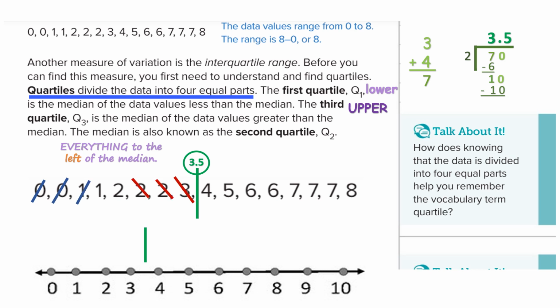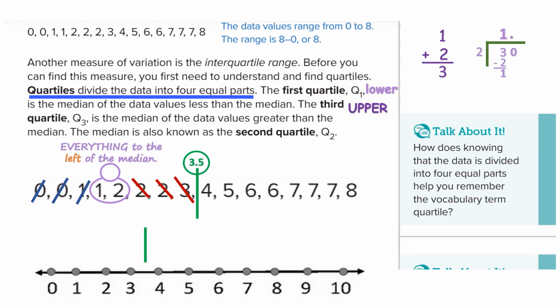So everything on the left-hand side, I'm going to work crossing off one on the left, one on the right in groups of 2 until I find the median of that group. Well, the median of that group is in between 1 and 2. You probably know that that's 1.5, but when we do the math to prove it, then we have 1 plus 2, which is 3, and 3 divided by 2 is going to be 1 with a remainder of 1.